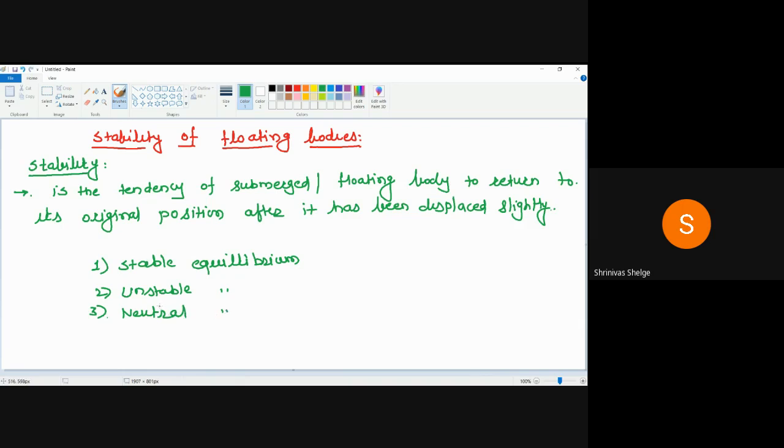These are the three stability conditions that we have to study. In which situation we get the stable equilibrium condition, in which the unstable equilibrium, and in which the neutral equilibrium, that we have to understand here. So first we will go for the stable equilibrium condition.